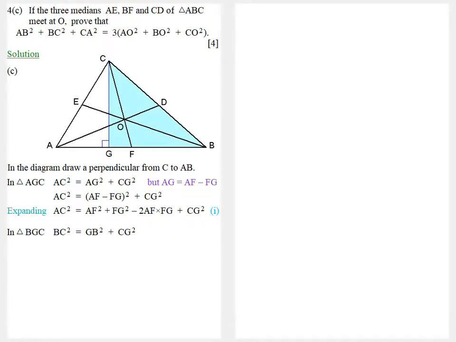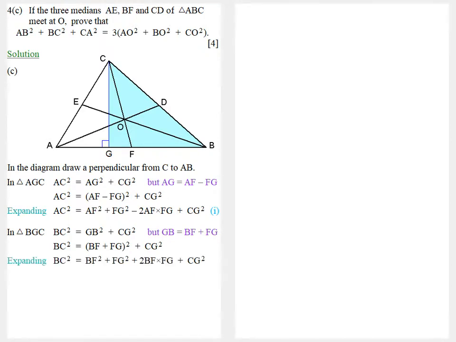Now in triangle BGC, BC squared equals GB squared plus CG squared. That's Pythagoras' theorem. But GB equals BF plus FG. Substituting, BC squared equals (BF plus FG) all squared plus CG squared.